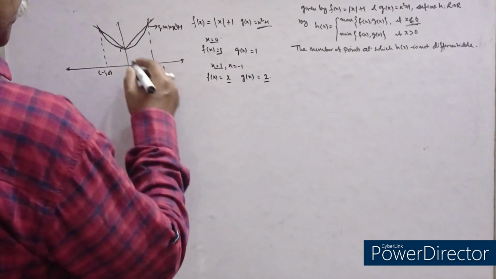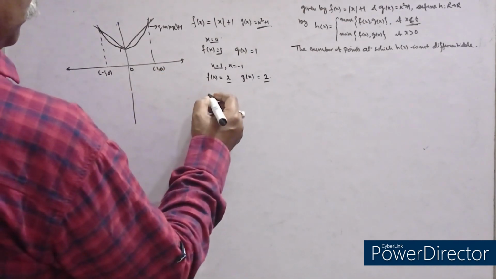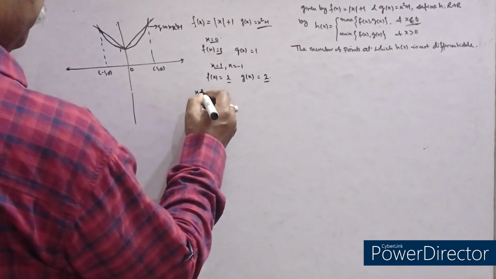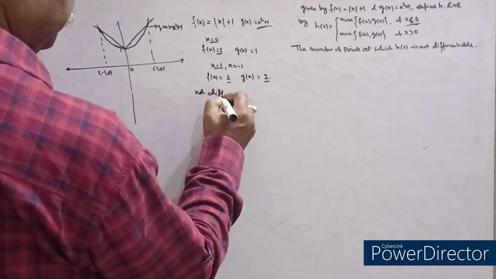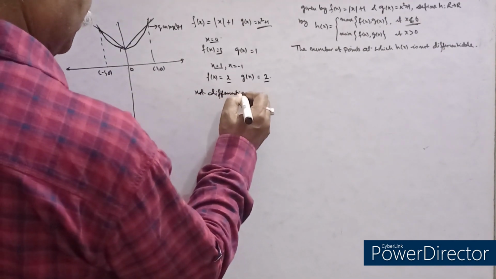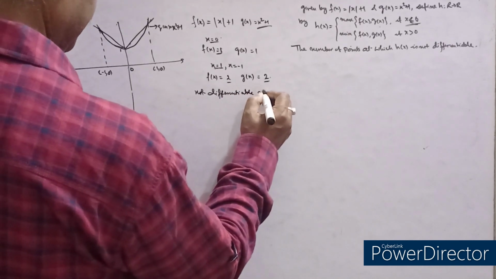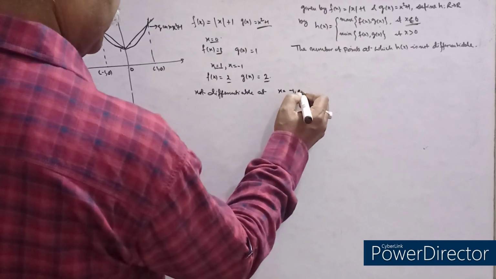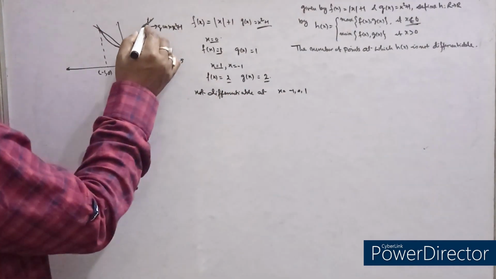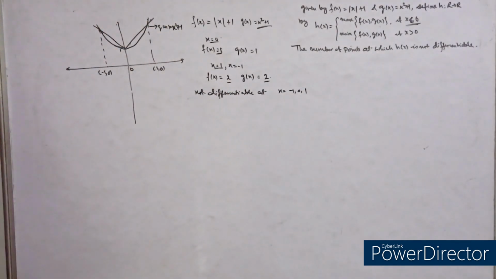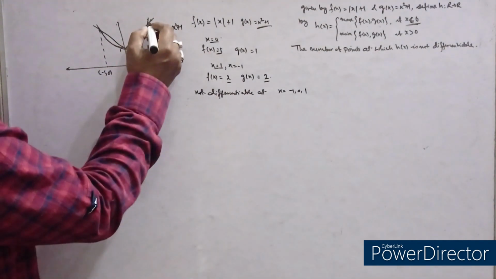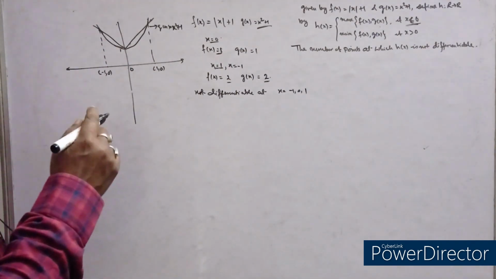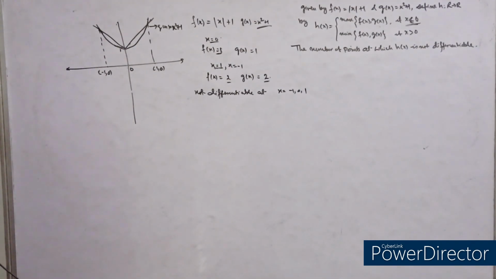So it is not differentiable at 0. It is not differentiable at x equal to −1 and 1 as well, because when the curve gets a sharp turning, at that point it is not differentiable.